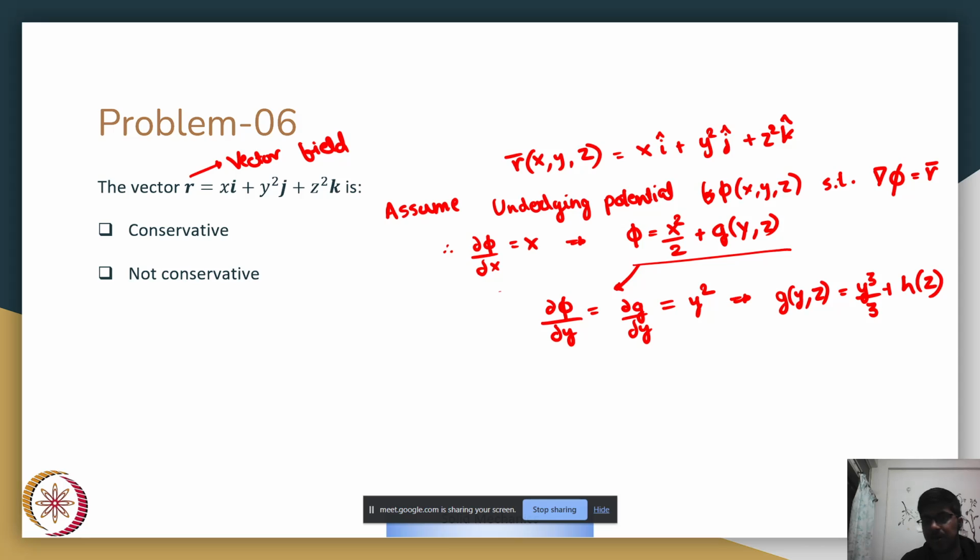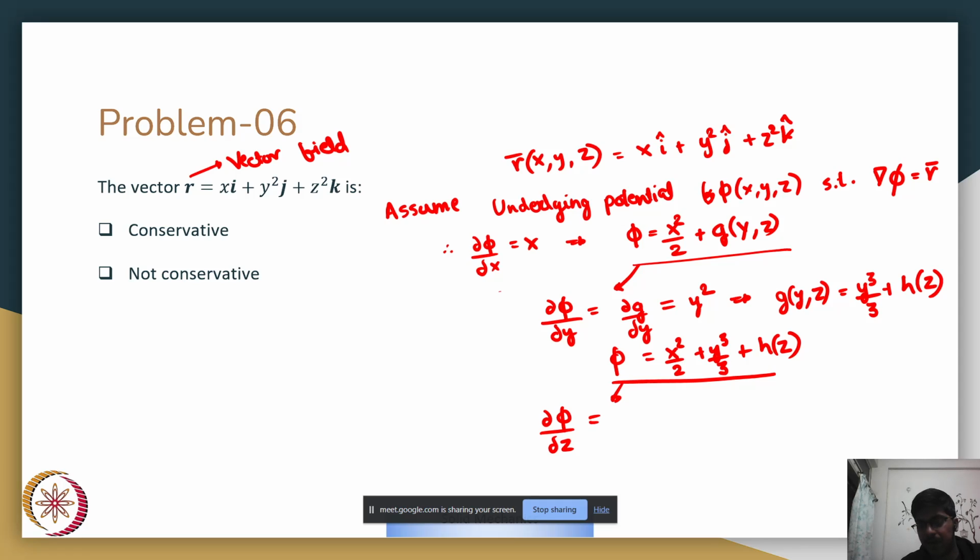Since we are taking partial derivatives, we need to account for the h function of z. Assume some function of z is there. This would give us phi to be x square by 2 plus y cubed by 3 plus some function h of z.